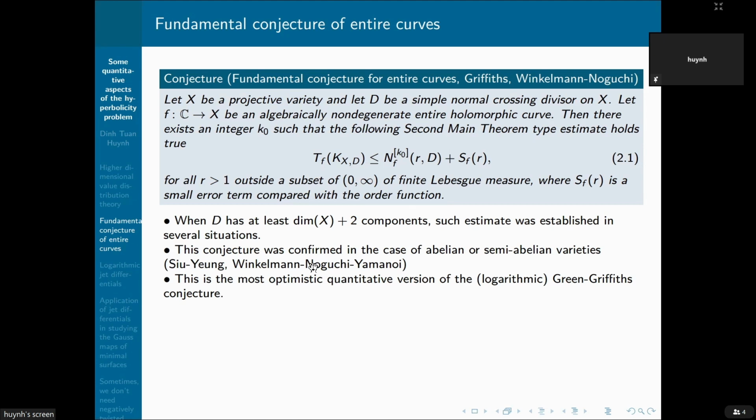In the case where S is an abelian variety, the canonical bundle is trivial, and the conjecture was confirmed by Yamanoi, Noguchi, Winkelmann, with optimal truncation level 1. So this is a more optimistic quantitative version of the logarithmic Green-Griffiths conjecture that we can expect.